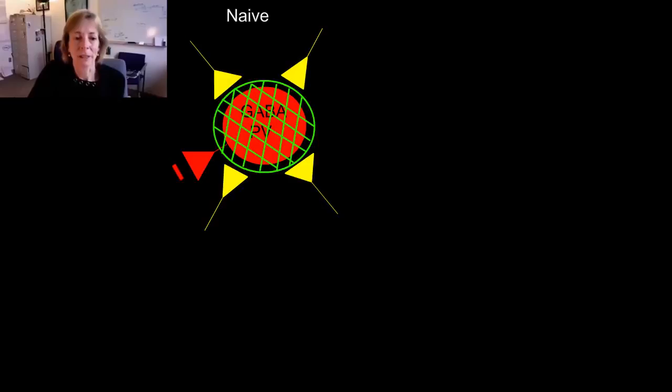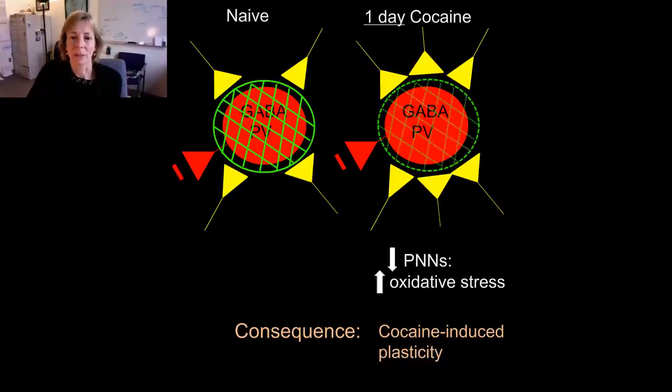So in summary then, we have the naive animals, as I showed before. We have potentially extra inputs, extrasynaptic inputs coming in after a single cocaine injection, the decrease in the nets, the increase in oxidative stress. But the consequence of this, we believe, is that we may enhance cocaine-induced plasticity because of the added inputs that are coming in that may be specific for cocaine-associated memories.